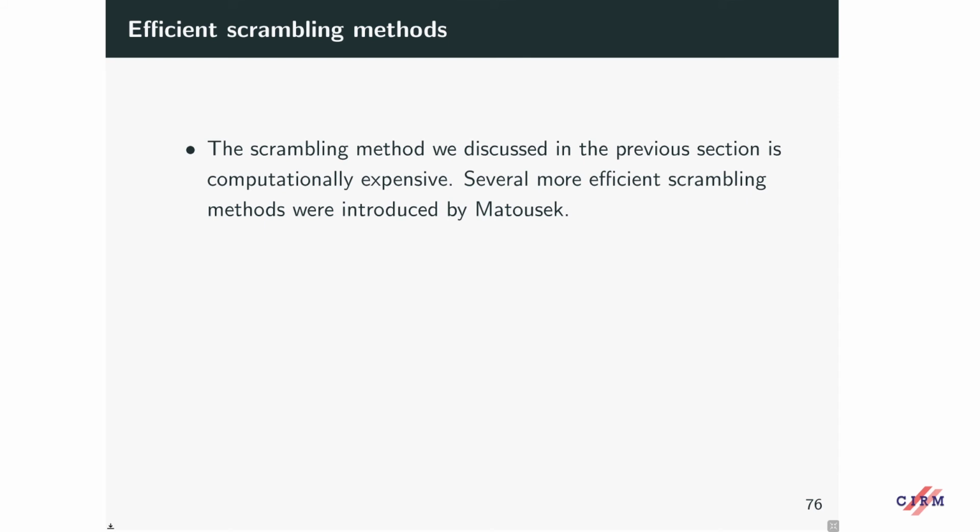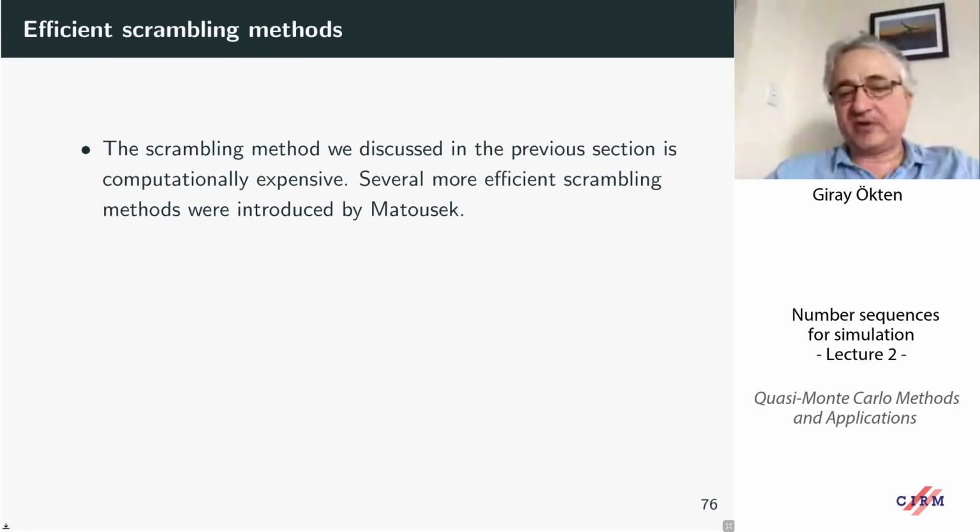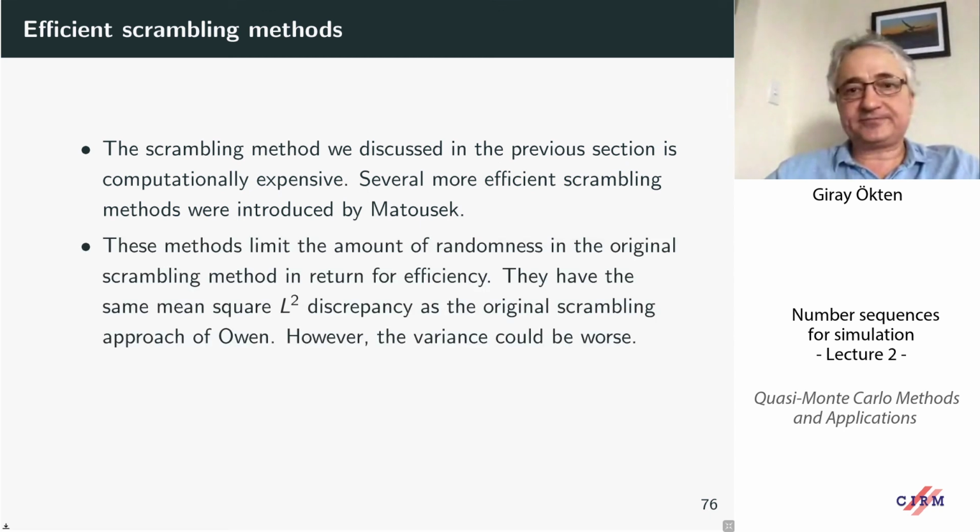Researchers introduced a number of scrambling methods that approximate Owen's scrambling method. They are faster and easier to implement, and these methods limit the amount of randomness in the original scrambling method in return for efficiency.